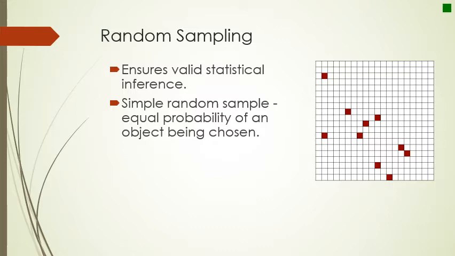And the basic property of a simple random sample is that every plot or every individual in the population has an equal probability of being chosen within your sample. So in this case, where we have a 20 by 20 grid, and we've got a sample size of 10, then each one of those cells within that grid has a 1/20 or a 5% chance of being included in our sample.